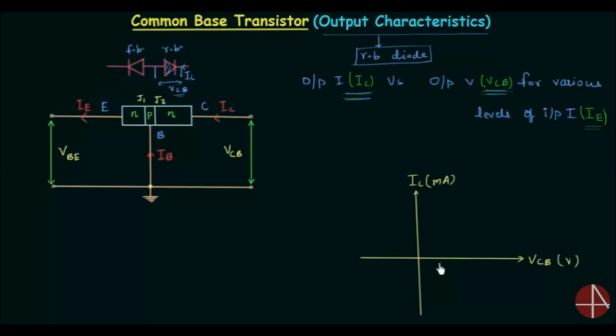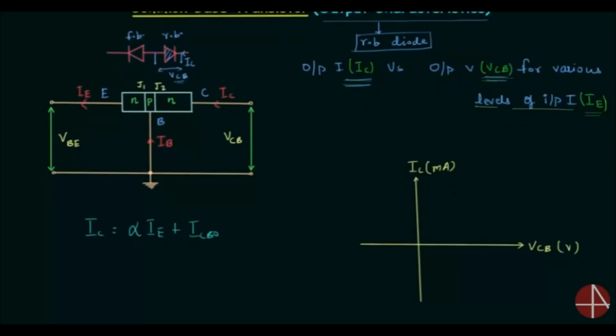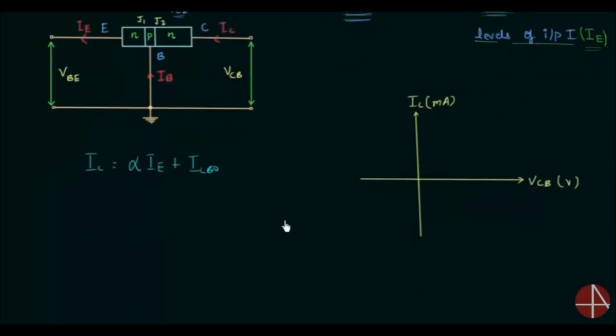It will be simply the reverse bias characteristics of diode, but the important thing is variation of the plot for different levels of input current, that is IE. And we already know the collector current IC is equal to alpha times IE plus ICBO, where ICBO is the reverse saturation current or leakage current.